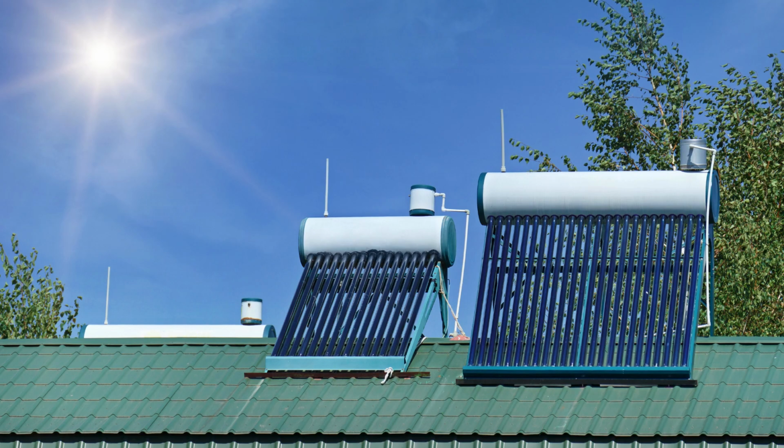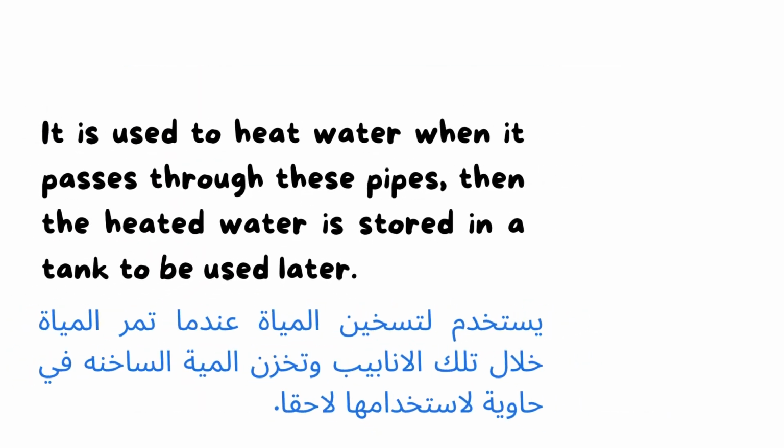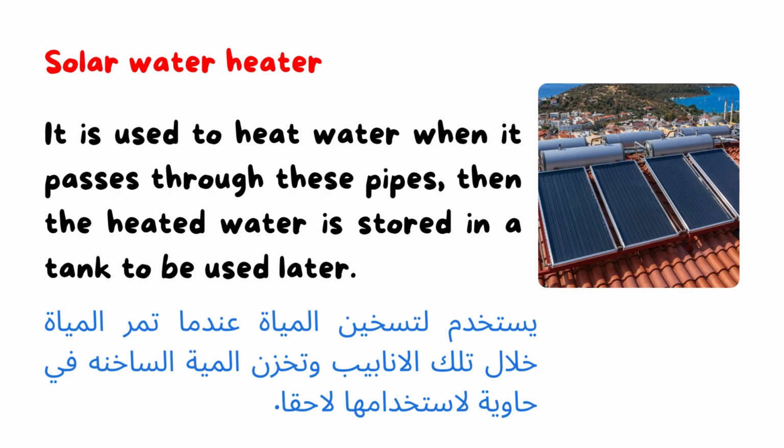It is used to heat water when it passes through these pipes. So the water passes through these pipes and becomes hot. They are heated in these pipes, okay? Then the heated water is stored in a big water tank, to be used later, okay?